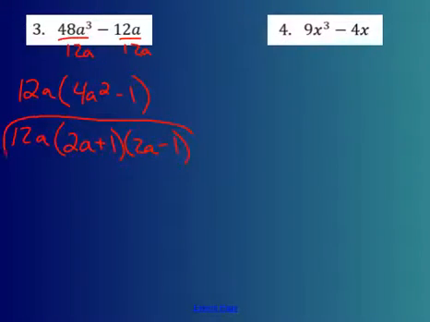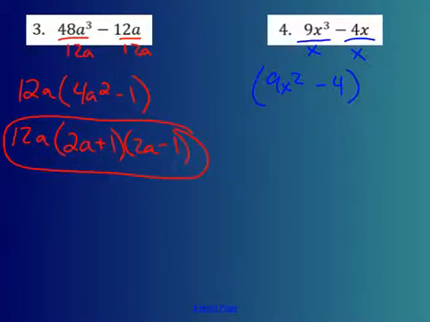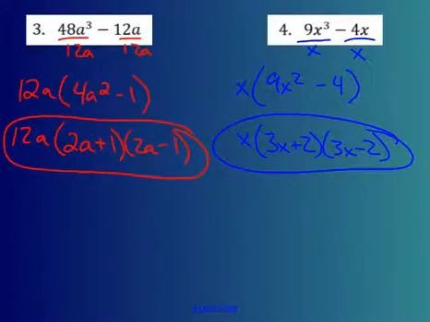Remember, 1 has the square root of itself. So that one worked out kind of nicely. On this one, we just have to take out an x, so then I'd have 9x squared minus 4. This one's hard to read, but you'd square root both of those, you'd have 3x plus 2 and 3x minus 2. And that's where we would want to be.